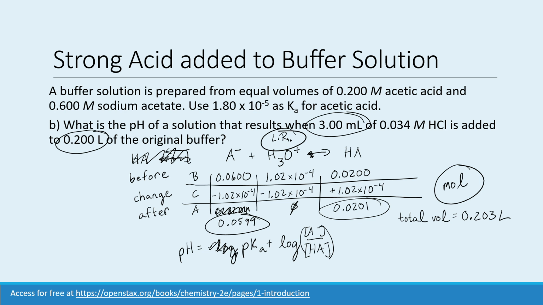So we'll take each one of those moles of the conjugate acid and its weak conjugate base and divide by the volume to get the concentration.